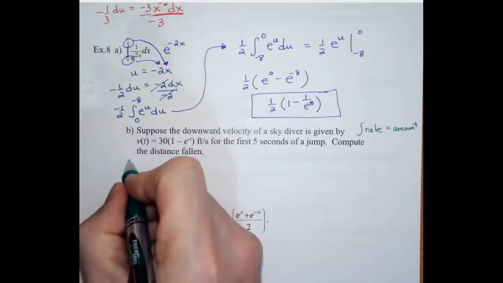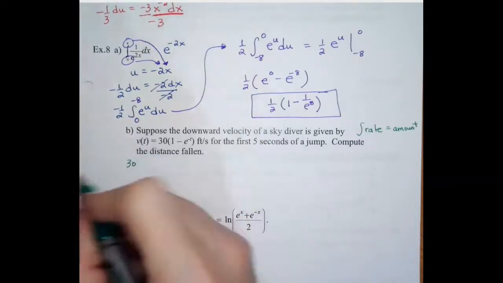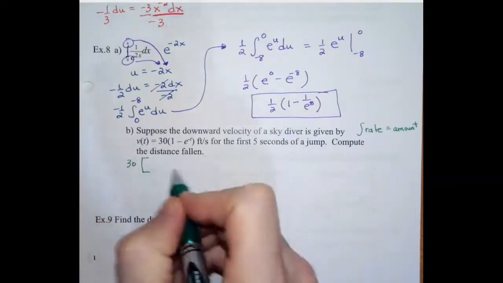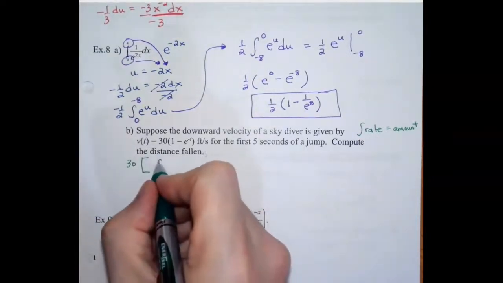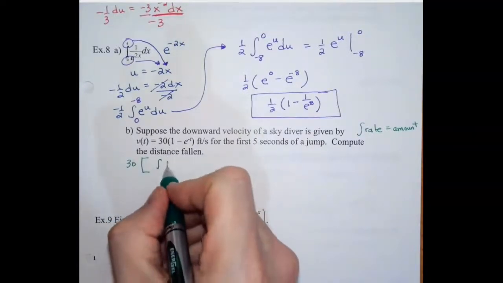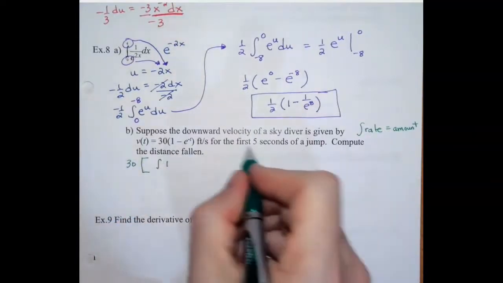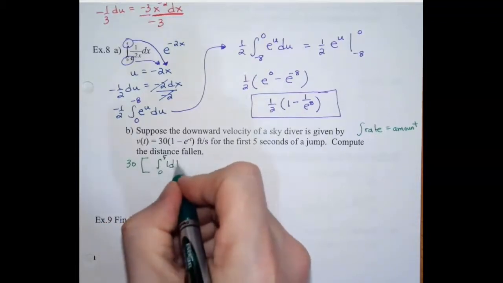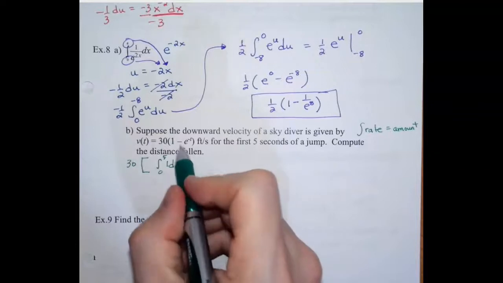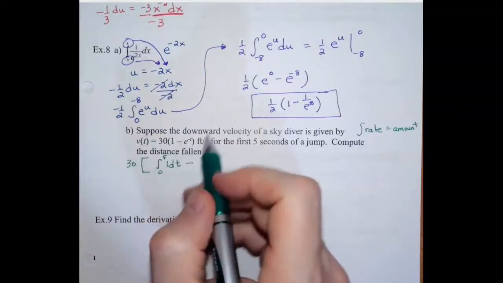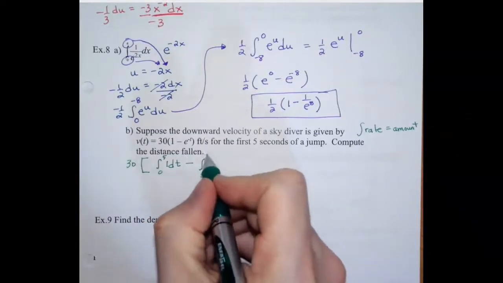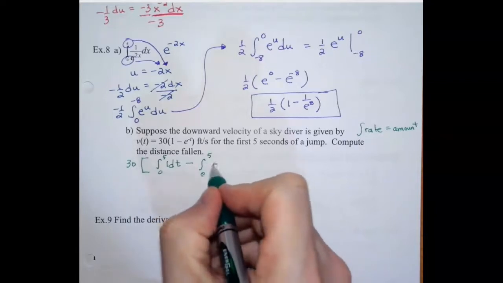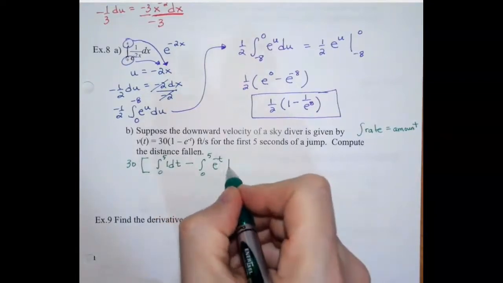So the way we can do that is we can factor out that 30 first of all, and then we can integrate these separately. So we can integrate the 1, and this is first 5, so that's 0 to 5 dt minus 0 to 5 e to the negative t.